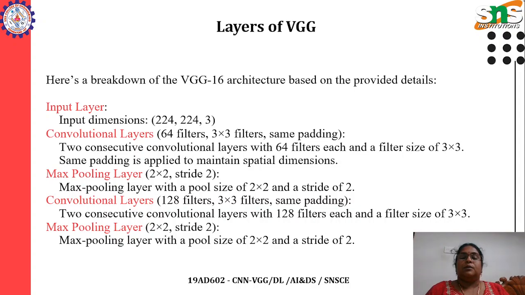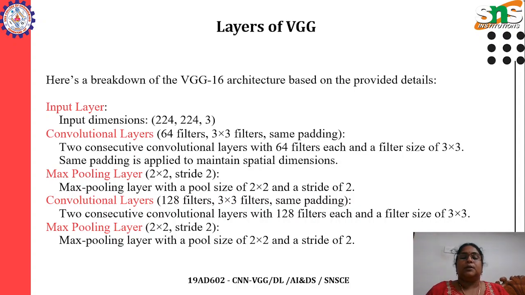We all know the operation of the convolution layer: it has the filter and it filters the unwanted data in the layer, and also it scans the pixel data of the images. So convolution layer has 64 filters, 3 into 3 filters with same padding.